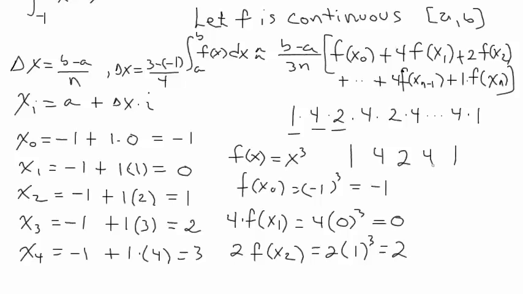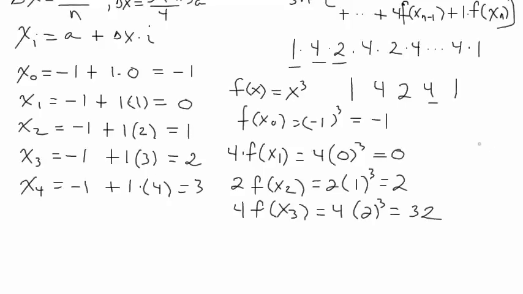And let's see, we're now at that coefficient, 4 f of x3, which is 4 times x3 is 2 cubed. So 2 cubed is 8. 8 times 4 is 32, right? I hope.